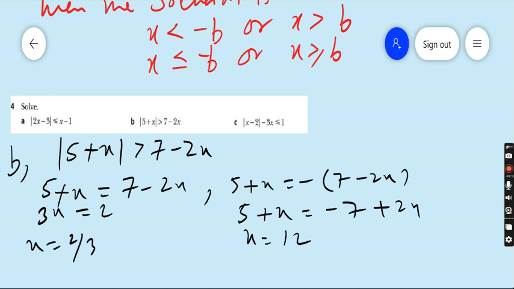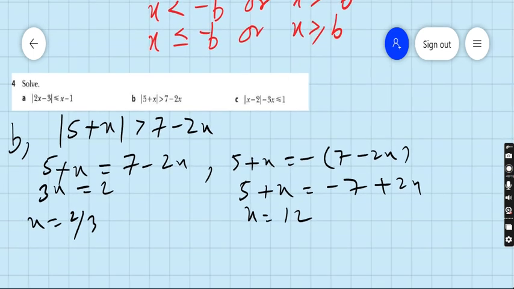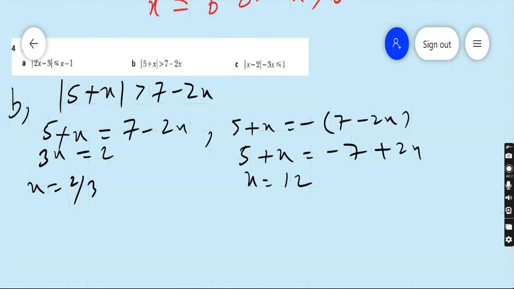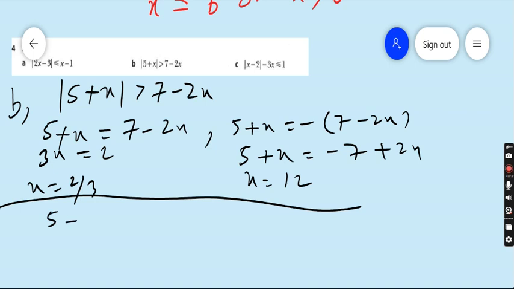So we have two answers, but in this part we have to check both the answers. How to check? Just put both values in the question. So 5 plus x is 5 plus 2 upon 3, greater than 7 minus 2 into x, which is 2 upon 3.